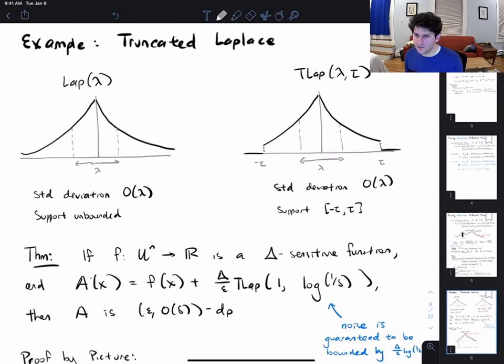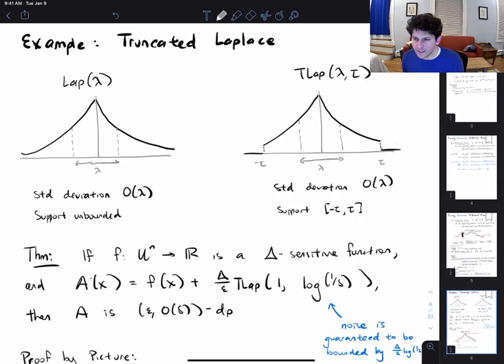This distribution still has standard deviation proportional to lambda, but now we cut off the distribution at minus tau and plus tau, zeroing out the probability mass outside of that. We basically chop it off, or truncate it, so that it never takes a value smaller than minus tau or bigger than tau.